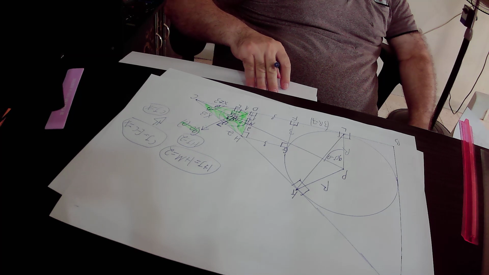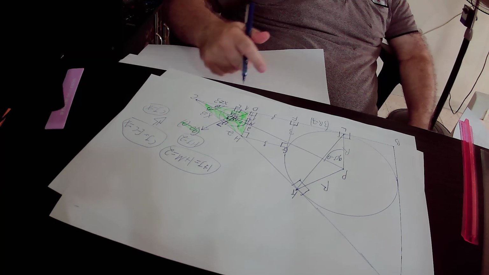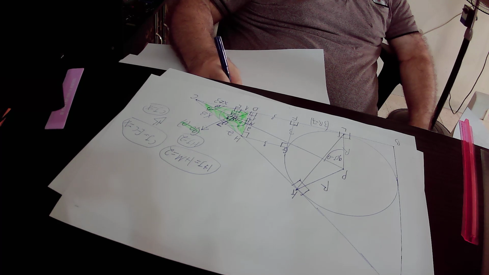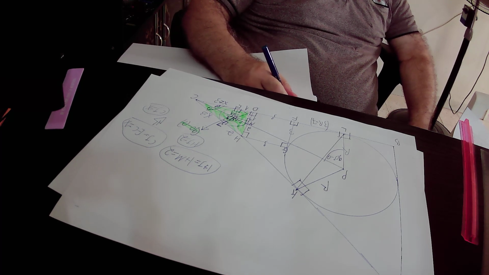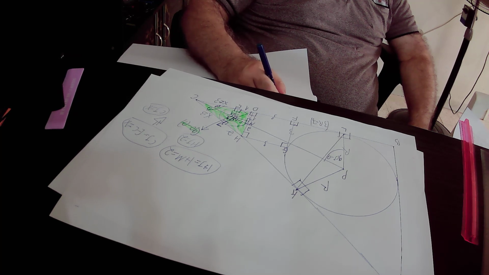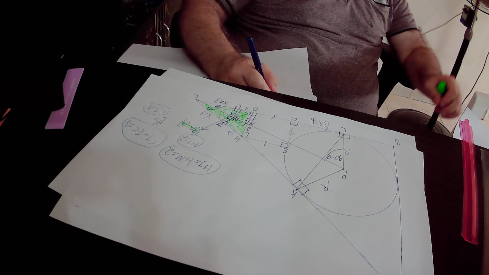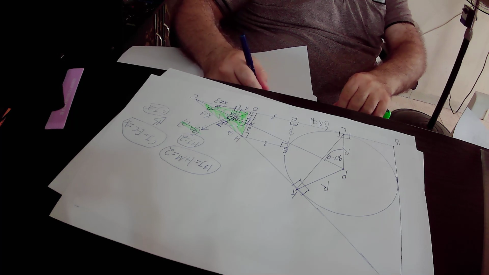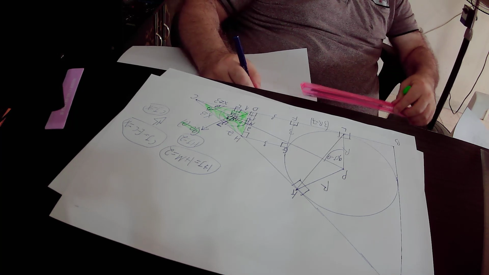So we'll examine the first case, case one, that R, the radius of the big circle, is less than 3 units.